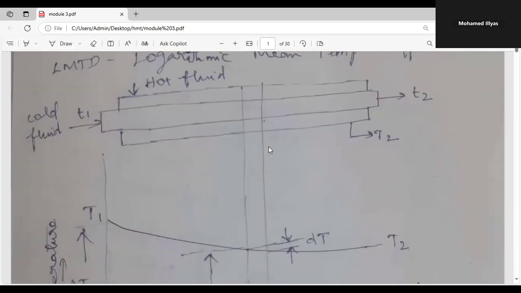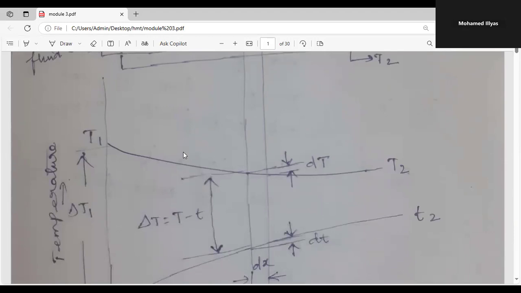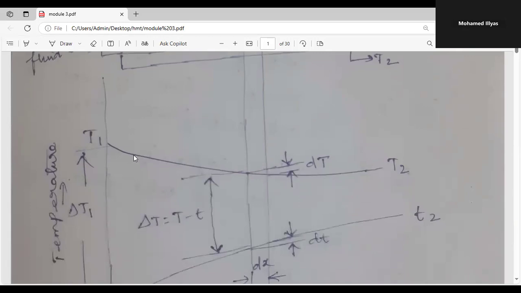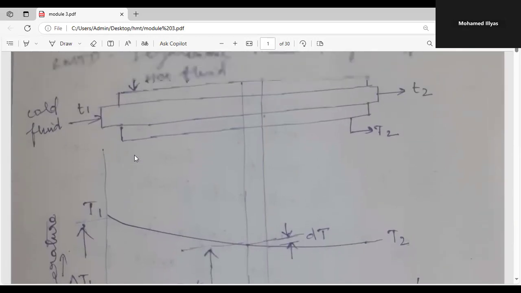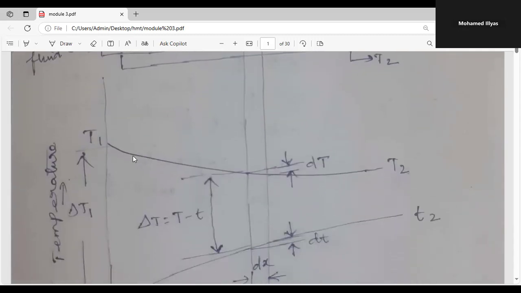On seeing this diagram, we have considered hot and cold fluids, both entering in the same direction, a parallel flow arrangement. The temperature distribution has been shown here. We consider capital T as the hot fluid temperature and small t as the cold fluid temperature.